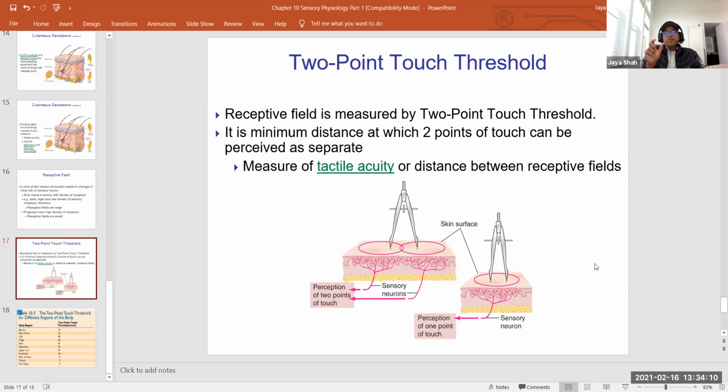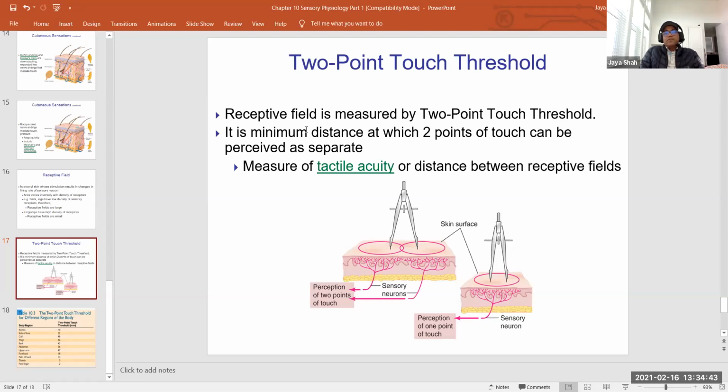As long as they feel 2 points, reduce the distance between these 2 points and ask again whether the subject feels 2 points or 1 point. Once they start feeling 1 point, that distance is the average distance between adjacent receptors, and that is the receptive field.